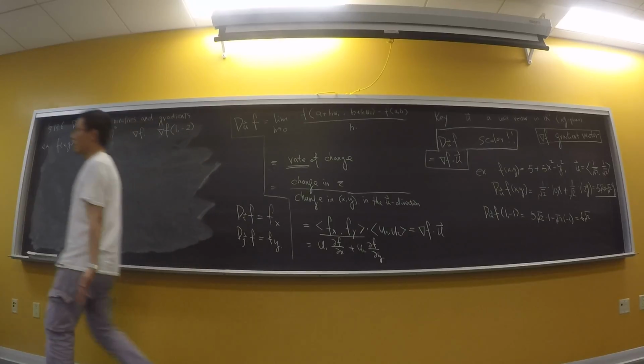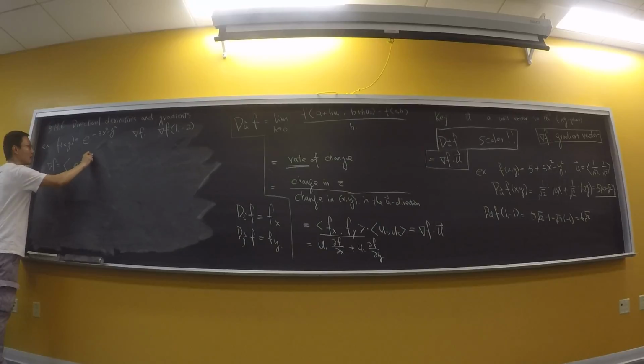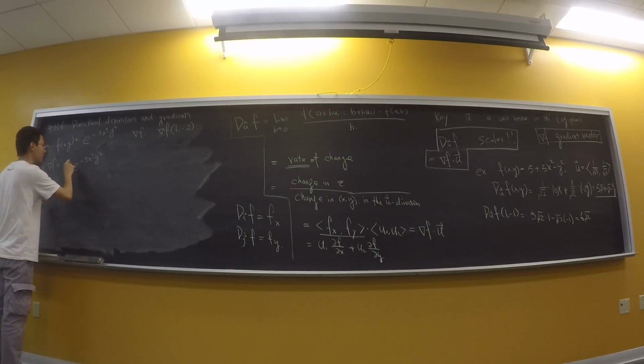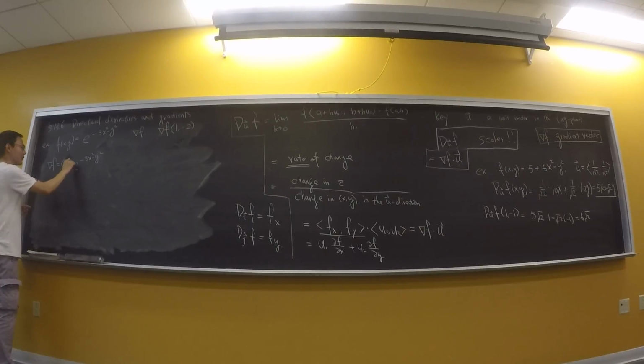So partial f with respect to x is the x component. What do you have? e to the minus 3x squared minus y squared, and then I need to take the derivative with respect to x on the exponent. So it's minus 6x e to the minus 3x squared minus y squared.